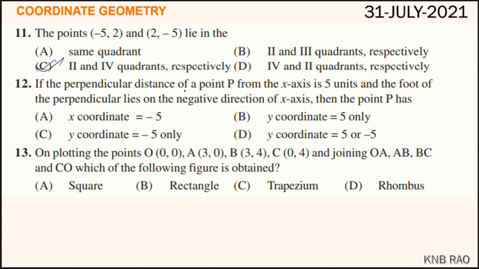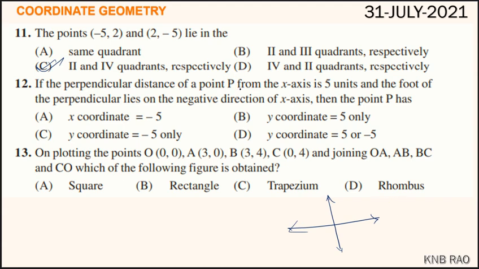If the perpendicular distance of a point P from the x-axis is 5 units and the foot of the perpendicular lies on the negative direction of x-axis, then the point has... very good question, children. Now for this, let us visualize the Cartesian plane.